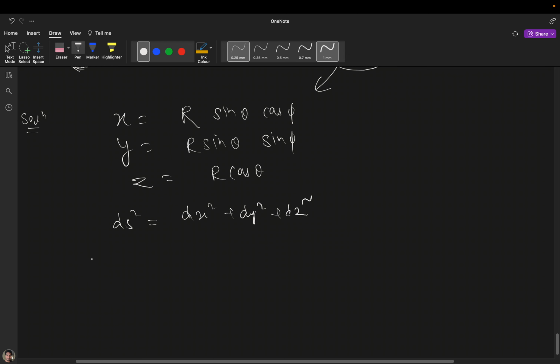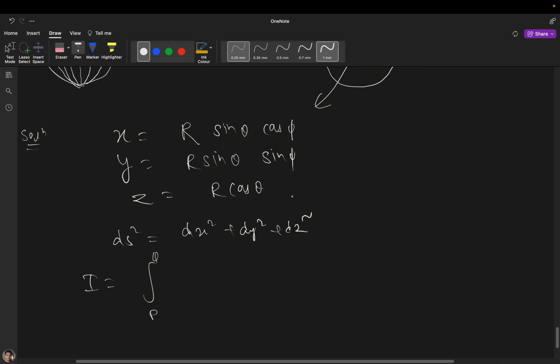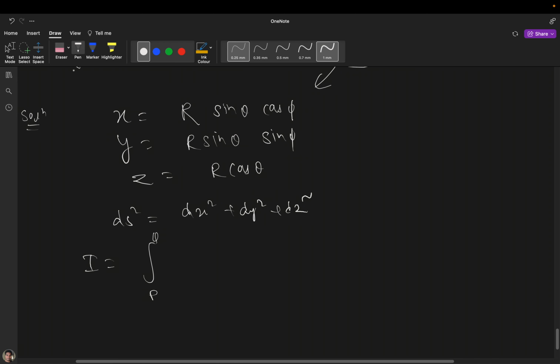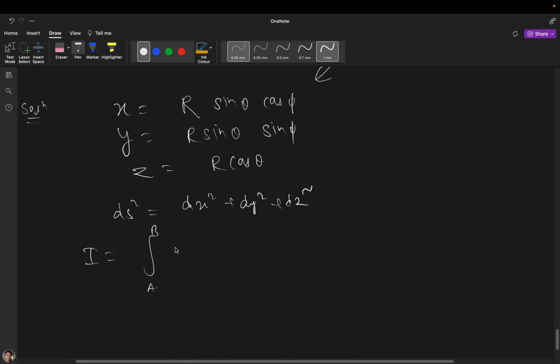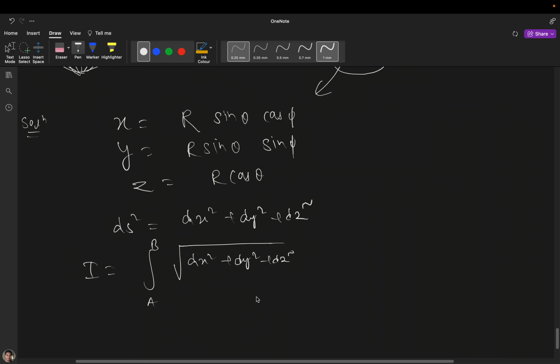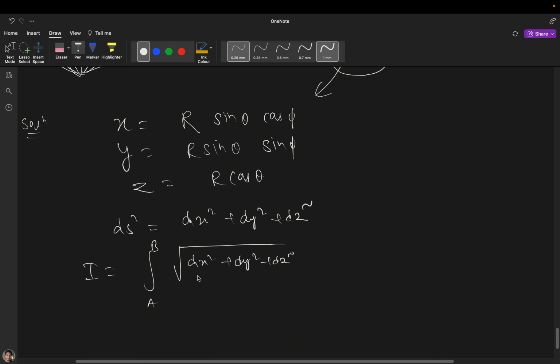So the functional will become the integral from p to q, or here in this case a to b, of dx square, dy square, and dz square. Here I have to substitute dx, dy, and dz using these three equations.